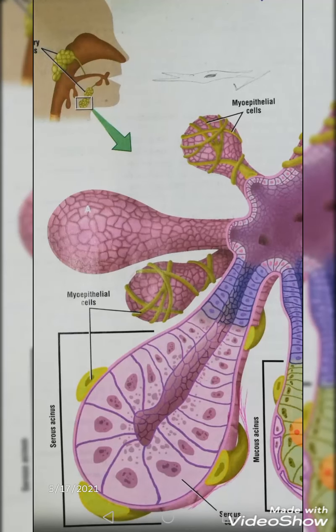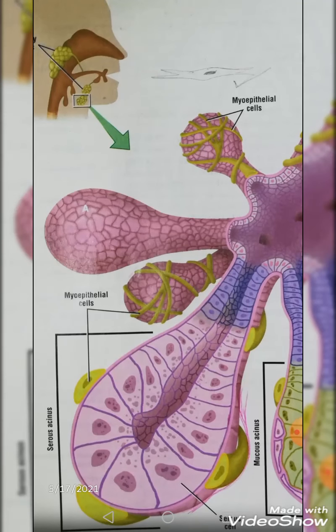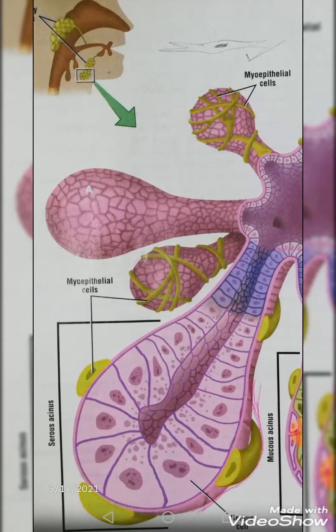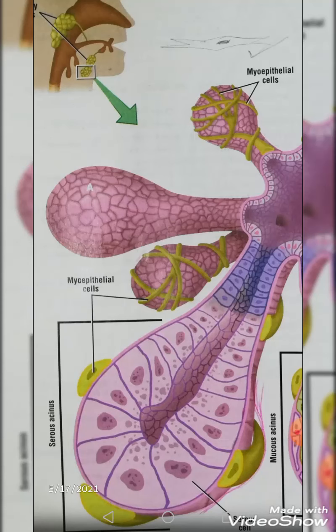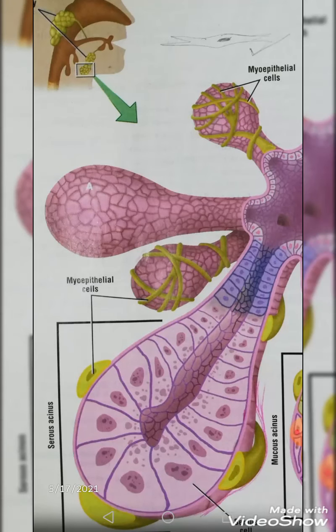As the name shows, it is a cell having branching processes, epithelial in nature, and myo means it carries a contractile element. And where is it present? They are located in between the basal plasma membrane of the secretory cell and the basal lamina, or basement membrane, on which the cells rest.